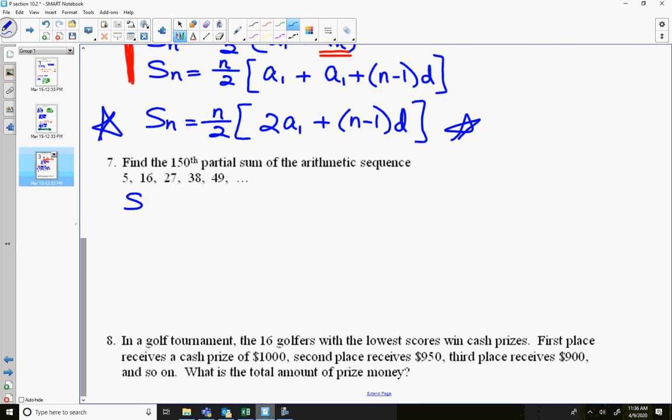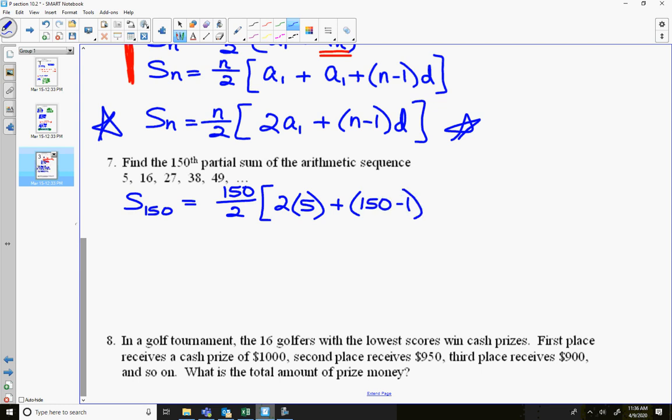So the sum of the first 150 terms will be 150 divided by 2 times, and this time I am just going to use this formula because it's right here above, right here in front of me. So it's 2 times the first term, which is 5, plus 150 minus 1.